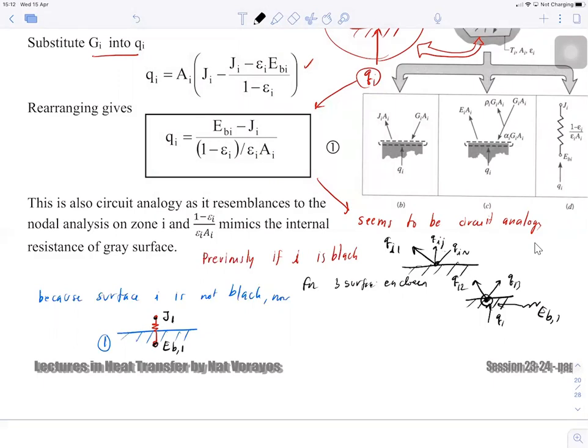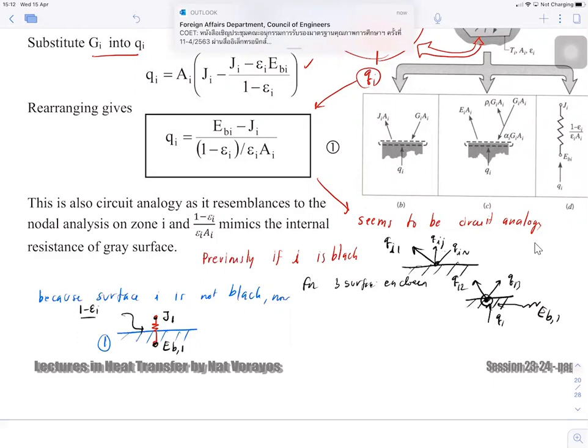So the resistance is 1 minus epsilon I over epsilon I AI, in this case for surface 1, it's going to be 1 minus epsilon 1 over epsilon 1 A1.